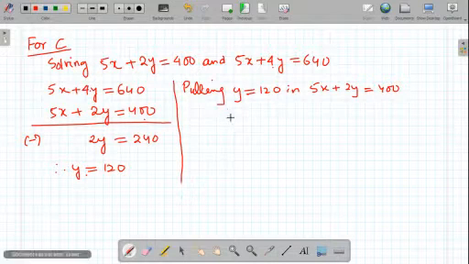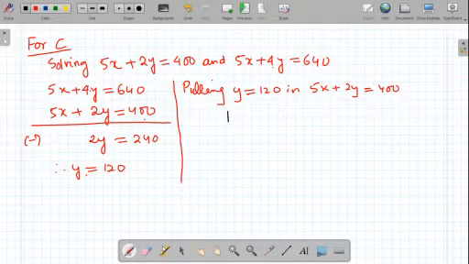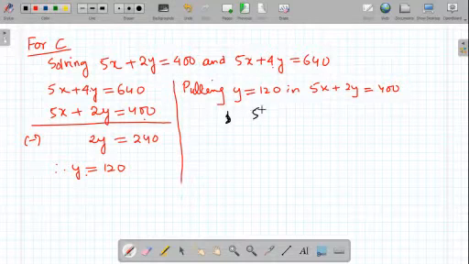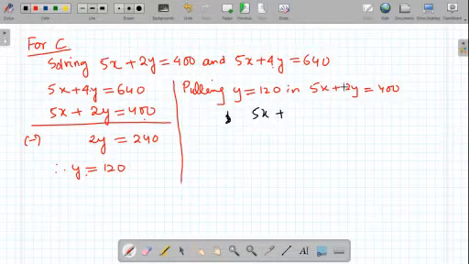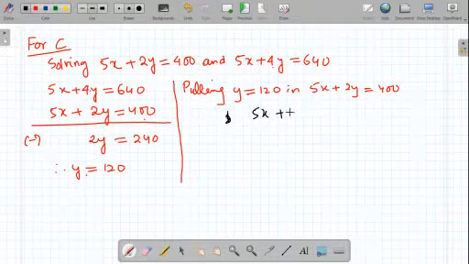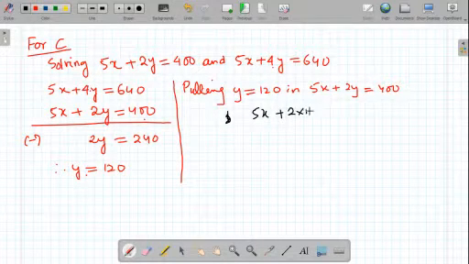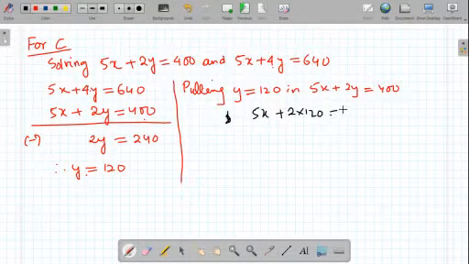So in this case, what we will get? 5x plus 2 into 120 equals to 400.